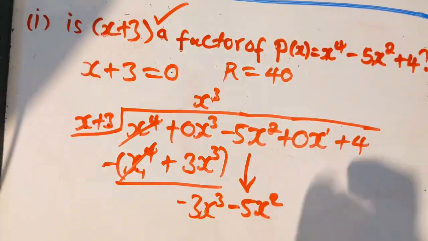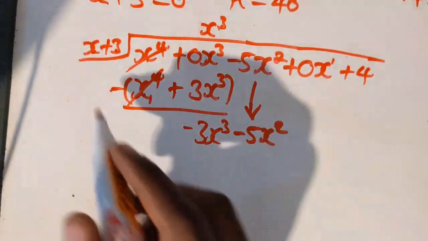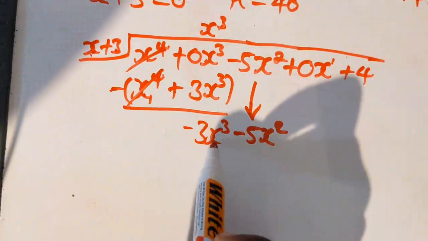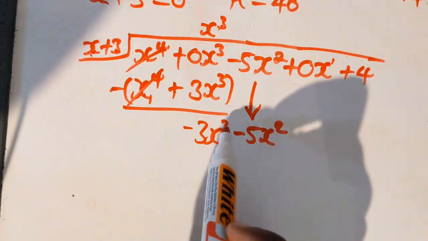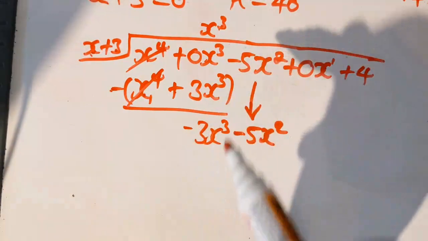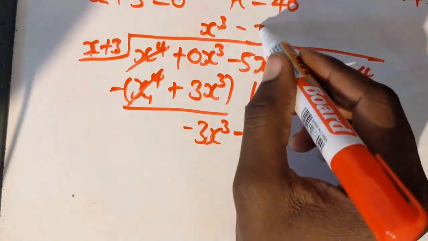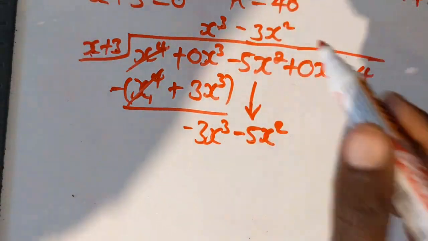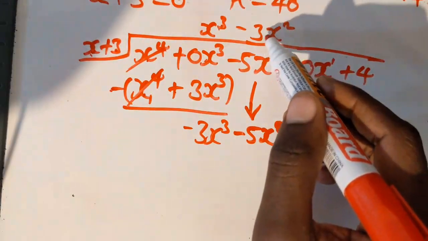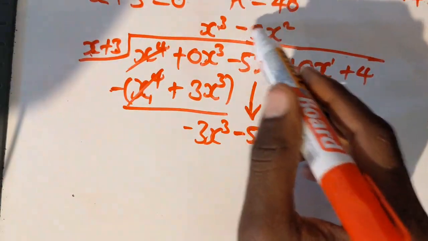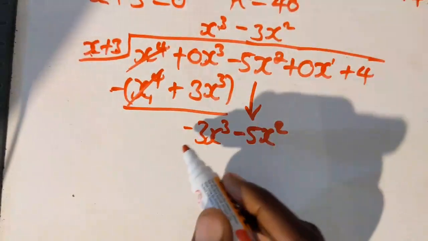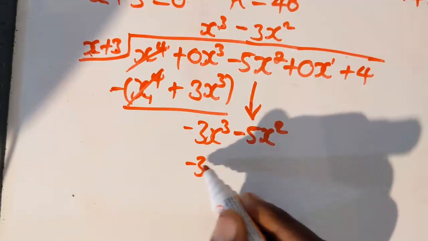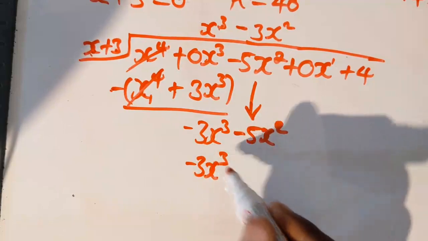negative 5x squared. Okay, so we are going to say x into negative 3x power 3, so it is going there, negative 3x squared. Okay, so then when we multiply this negative 3x by x, it is going to give you negative 3x to the power 3.